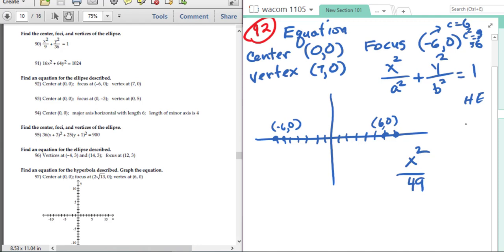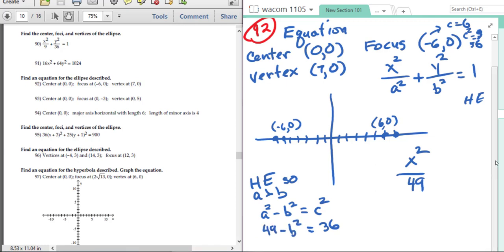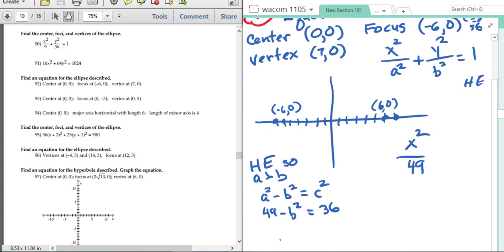It is horizontal, so a is bigger than b. And so you want to do a squared minus b squared equals c squared. It tells you which one to use. We know c squared is 36. We know a squared is 49. We did not know b squared, so we have to solve for b squared.